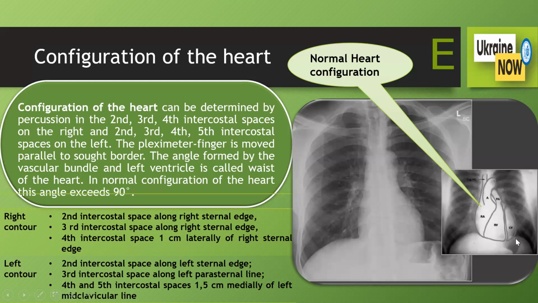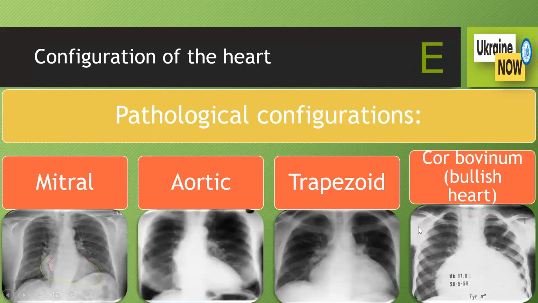So, this slide is an X-ray on which is visible normal configuration of the heart. There are also pathological configurations of the heart: mitral, aortic, trapezoid, and cor bovinum, also called bullish heart.